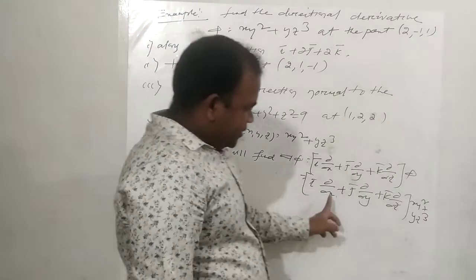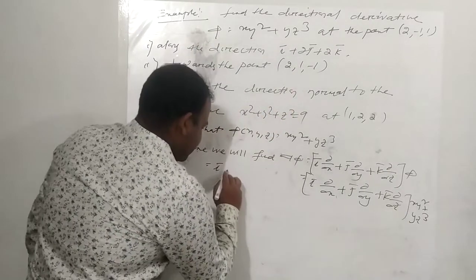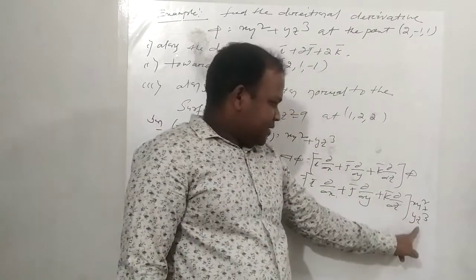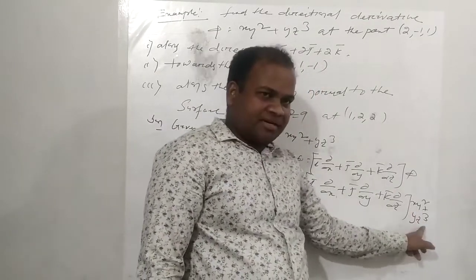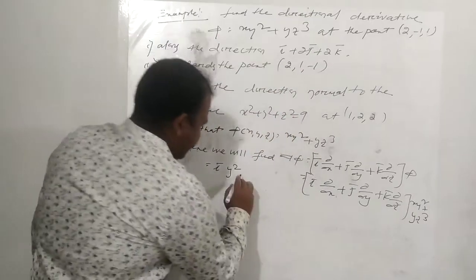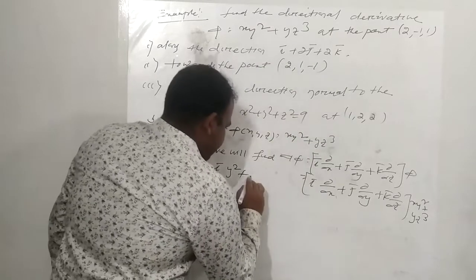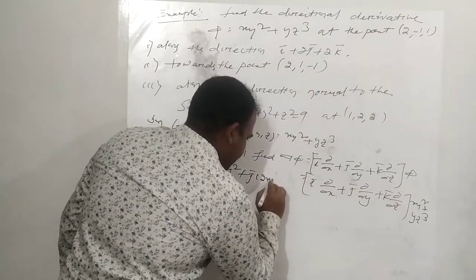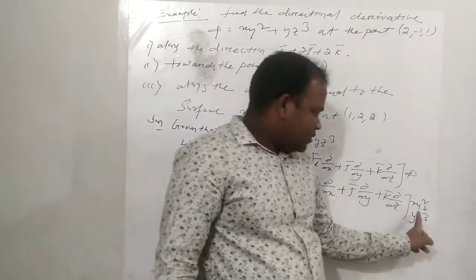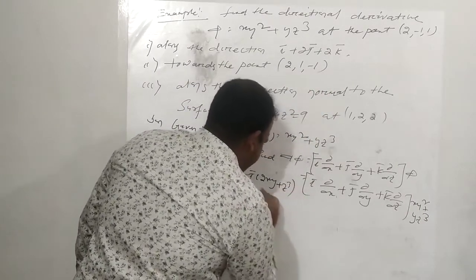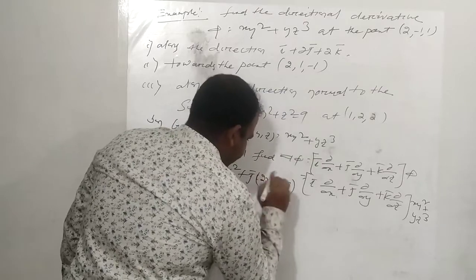So differentiate with respect to x. This is y square, derivative of x is 1, and y z cube is constant so it is 0: y square i. Differentiate with respect to y: j times 2xy plus z cube.